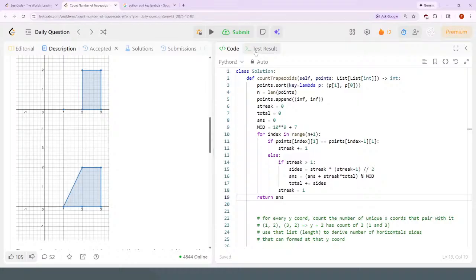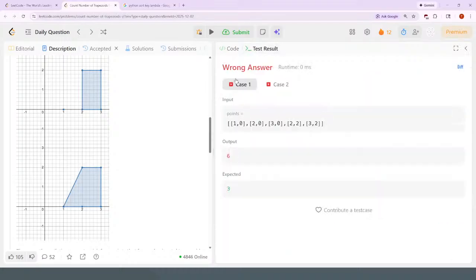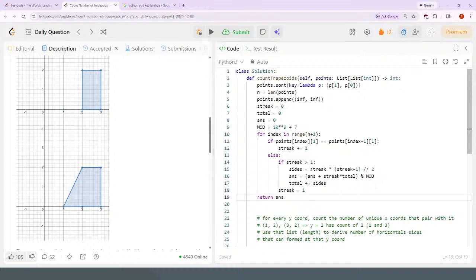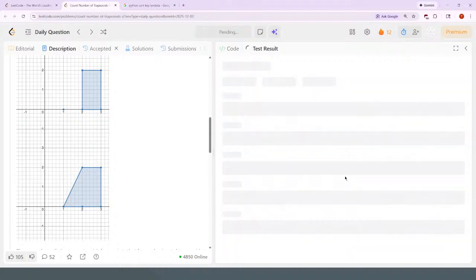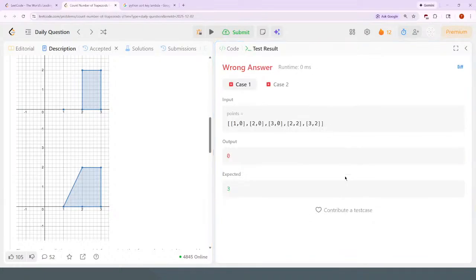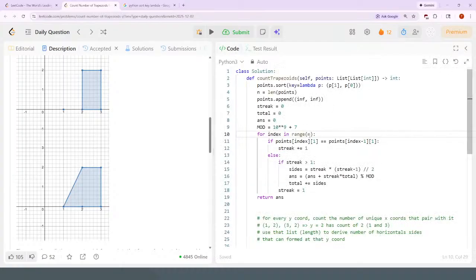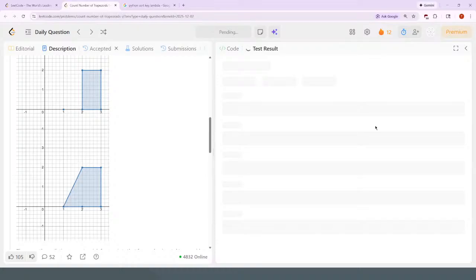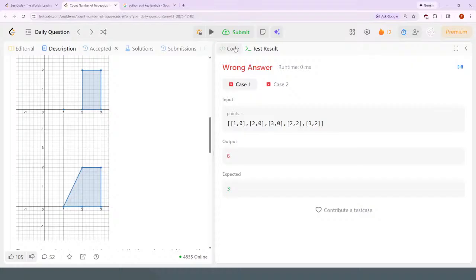Errors of logic, it looks like. 6. So it's calculating too much. I wonder if I should have only n. Yeah, it gives me 0. Okay. So 6 and 2 rather than 3 and 1.